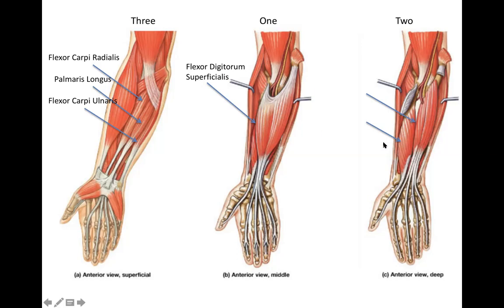So on the medial side, we're going to have a muscle called flexor digitorum profundus, and it's going to have an origin on the ulna and insertion all the way out on the very, very tip of the phalanges, right? So we have the distal tip, and then the second deepest muscle of the forearm is going to be the flexor pollicis longus.